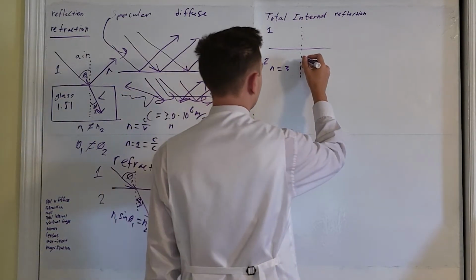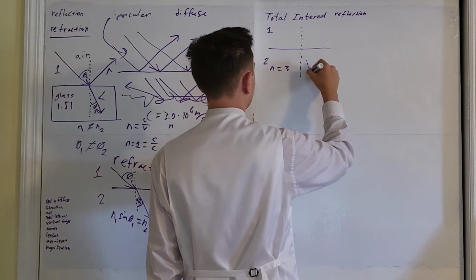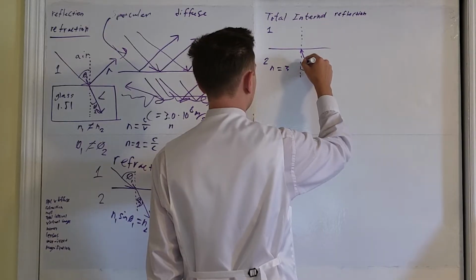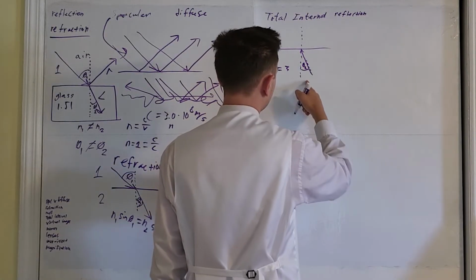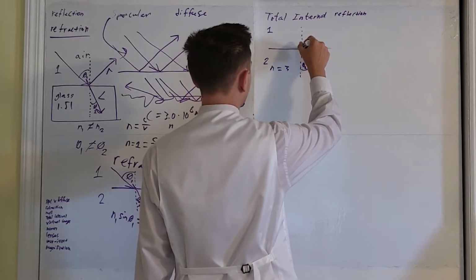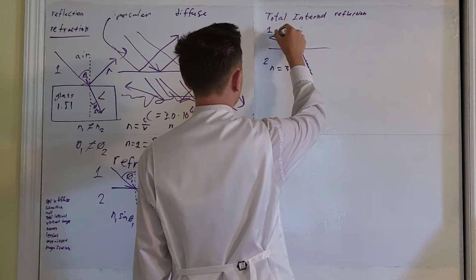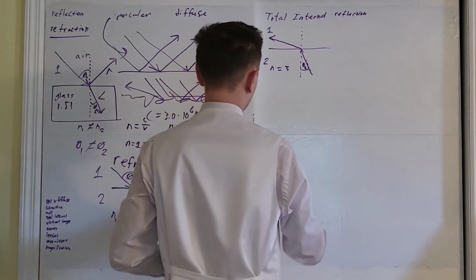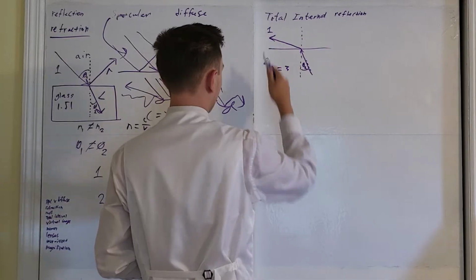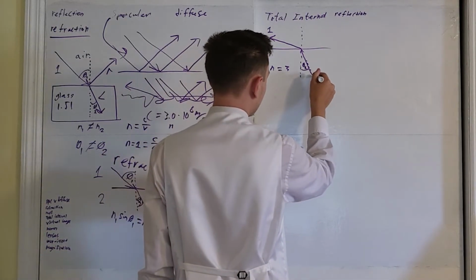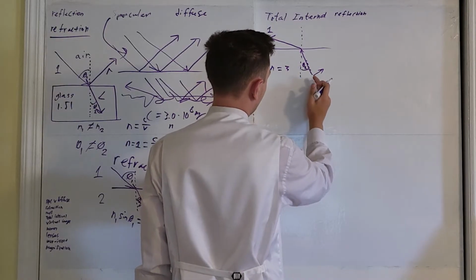So if I have an incident ray that comes in like this and makes an angle theta 2 with the vertical, then it'll create an excident ray that diverges away from the vertical because we're going from high to low, okay? So I can continue to move this incident ray further out.